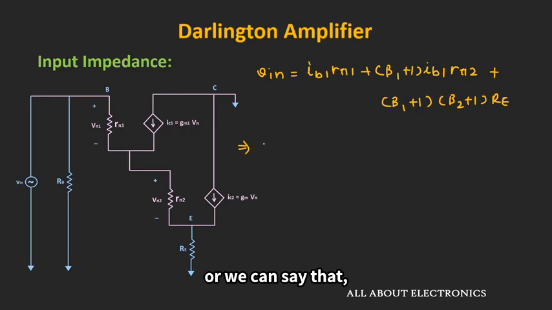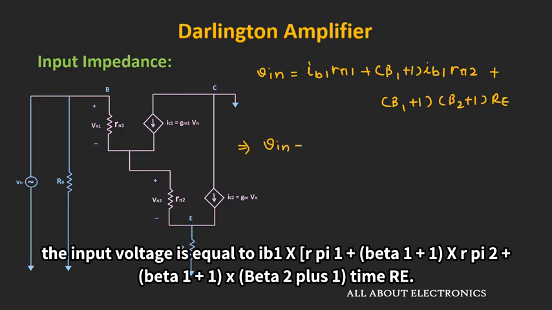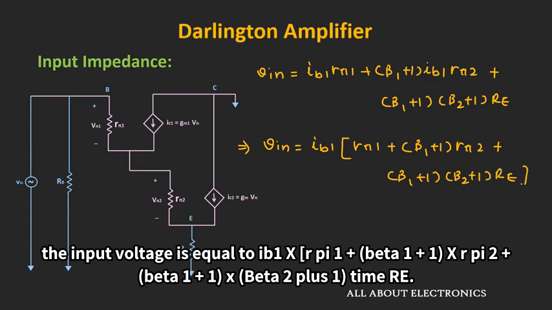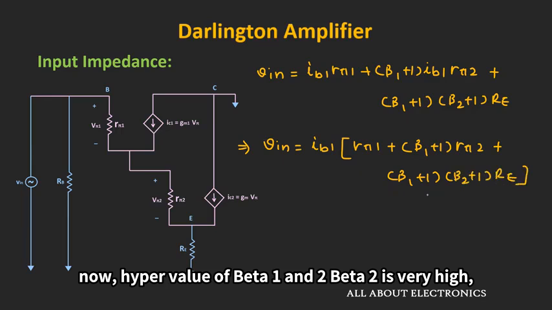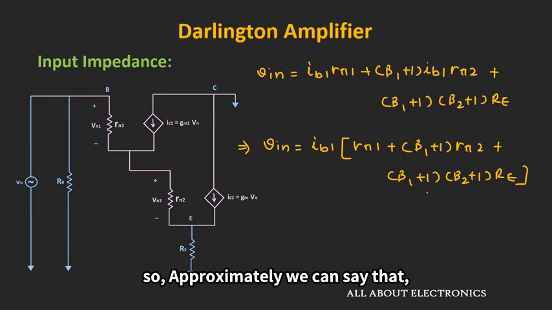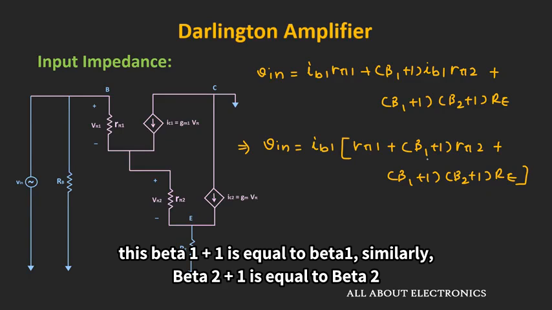Or we can say that this input voltage is equal to IB1 times Rpi1 plus beta 1 plus 1 times Rpi2 plus beta 1 plus 1 times beta 2 plus 1 times Re. Now as the value of beta 1 and beta 2 is very high, approximately we can say that this beta 1 plus 1 is equal to beta 1.